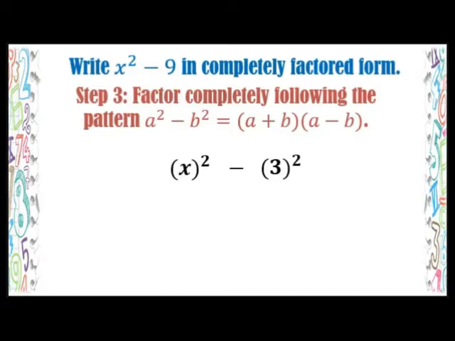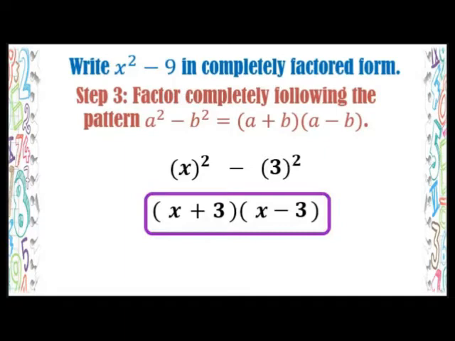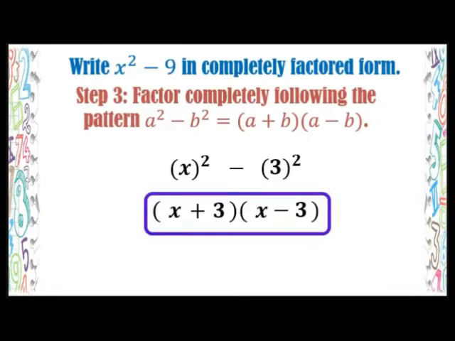From step 2, we have x squared minus 3 squared. So the factors are, we have the first term x, and then plus and minus, and then the second term is 3. So the complete factored form x squared minus 9 is x plus 3 times x minus 3.